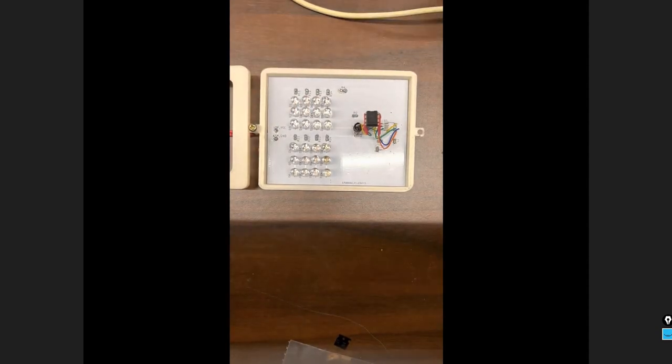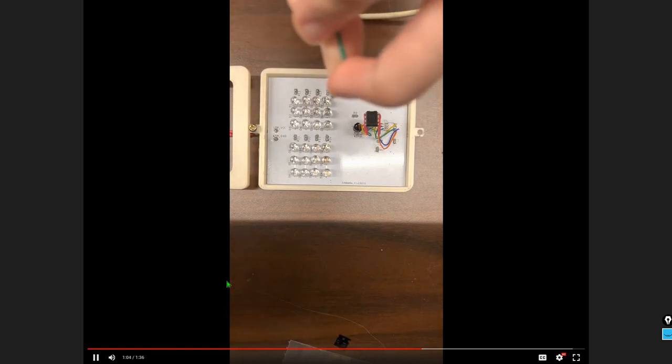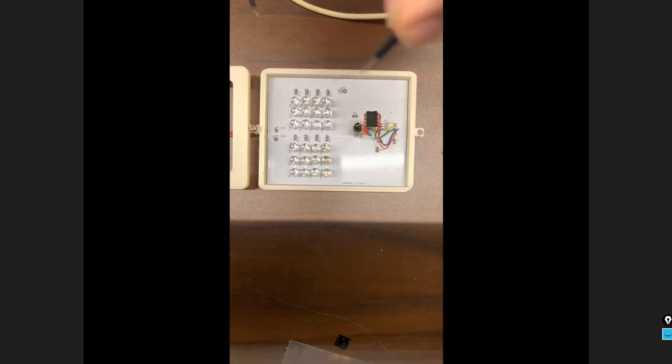The values of the resistors at the bottom of this timer right here are determined by equations that can be found in the datasheet, where the values determine the frequency and duty cycle for the timer's output. For the detection of the infrared signal, it's most optimal to have it at 39 kilohertz and have a duty cycle of 50%.